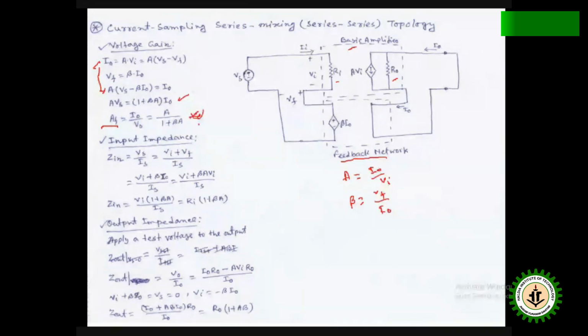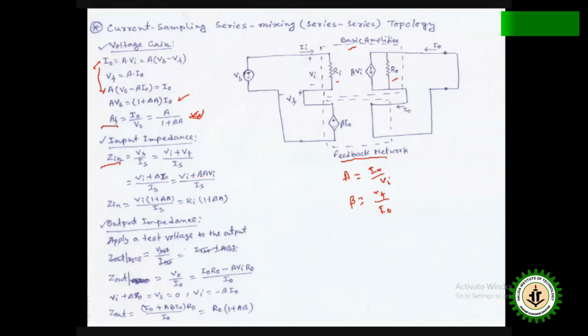So similarly, we can find out the input impedance. Zin is equal to input Vs by Is. Vs is nothing but Vi plus Vf, by Is. So Vf is beta I naught, and I naught is equal to A Vi.